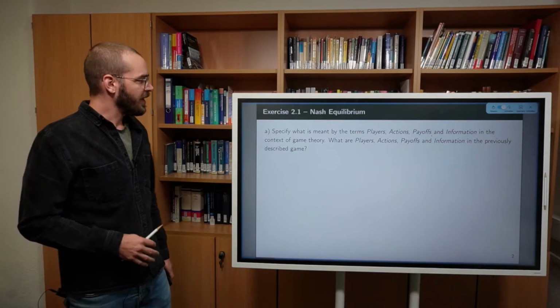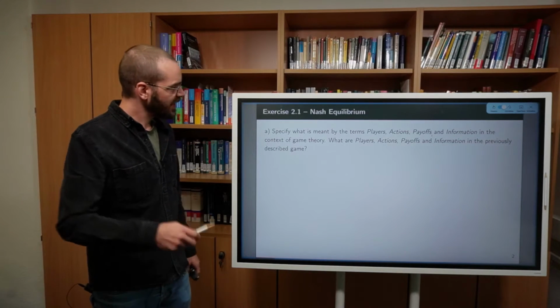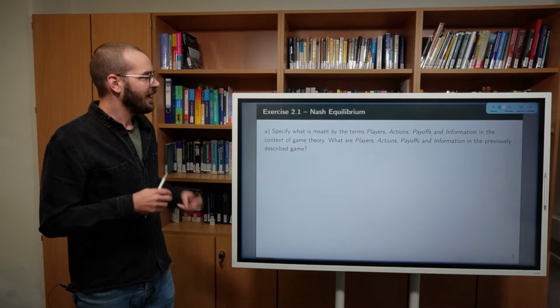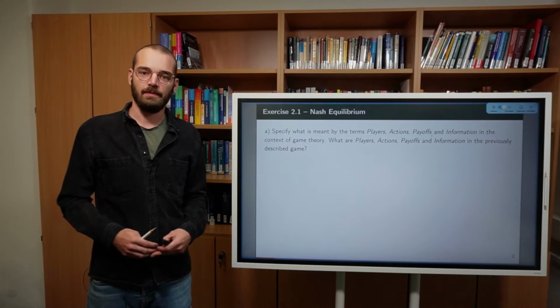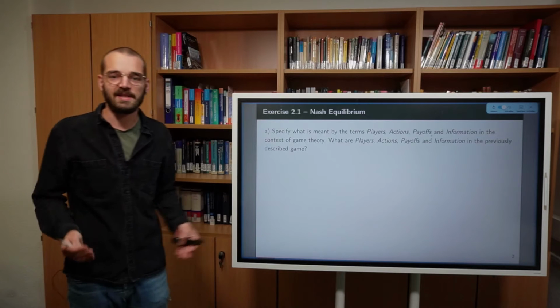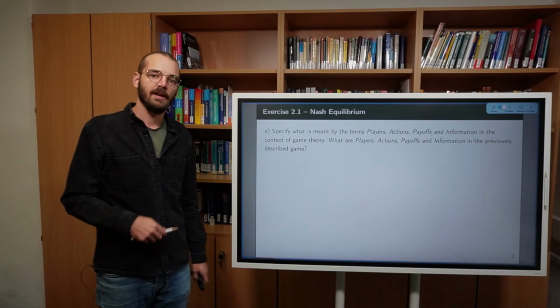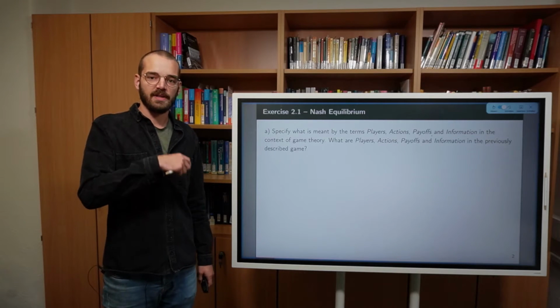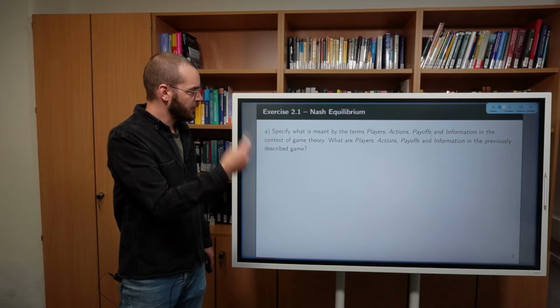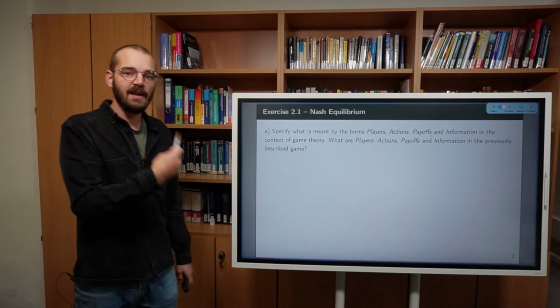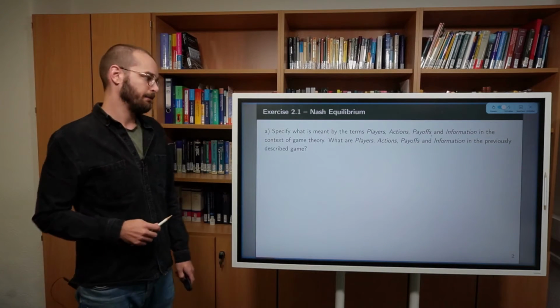We are furthermore asked to specify what players, actions, payoffs and information are in the previously described game. So first let's talk about what that is in general, and then second let's point out what the respective term captures in the game we are analyzing.